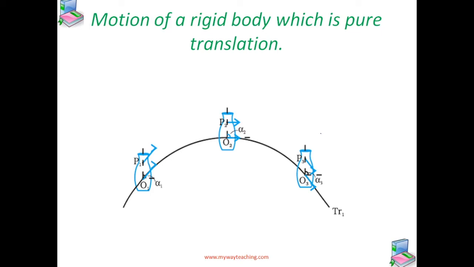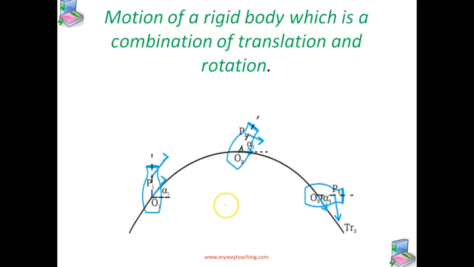O is the center of mass of the body. You can see that point O in each of those figures, isn't it? The trajectories of O are the translational trajectories, that is TR1 and TR2. Here you can see this is TR1, TR2.